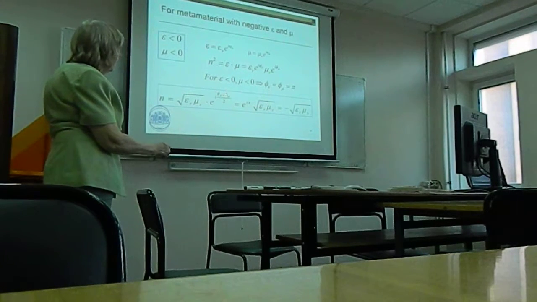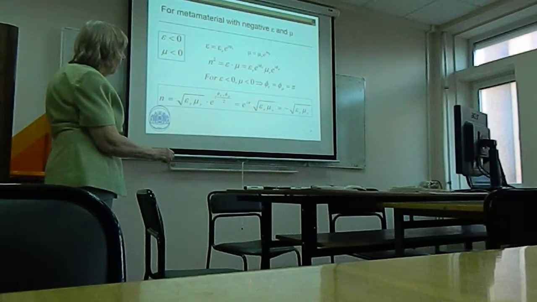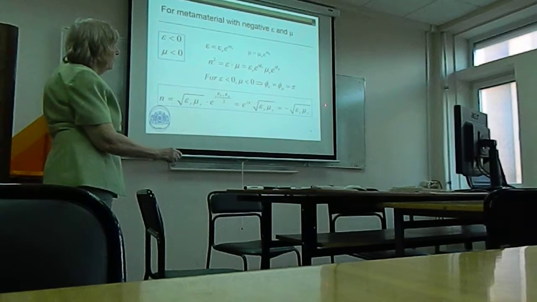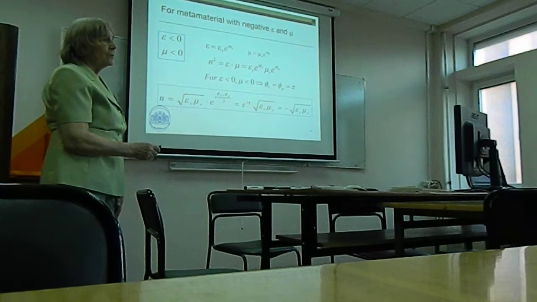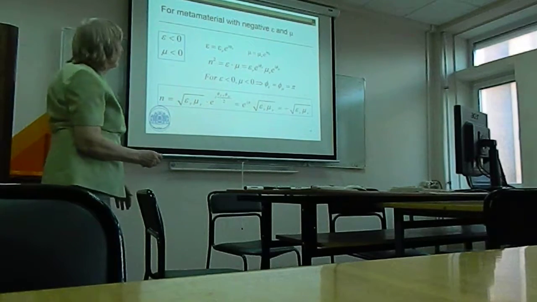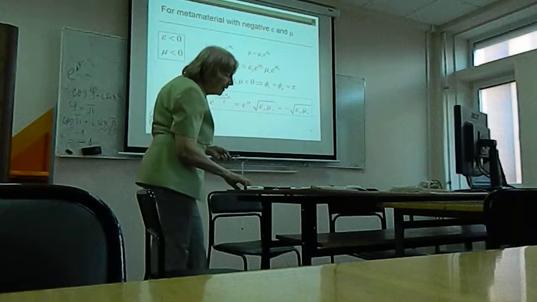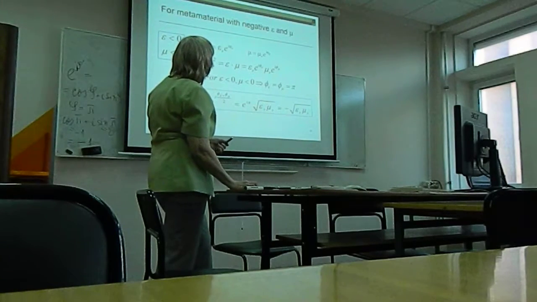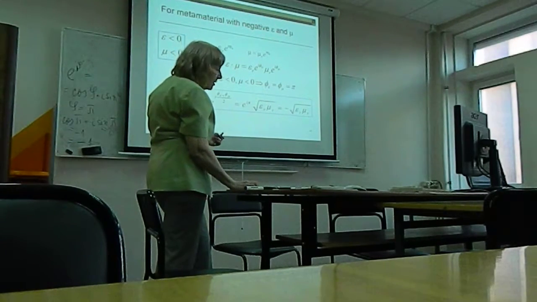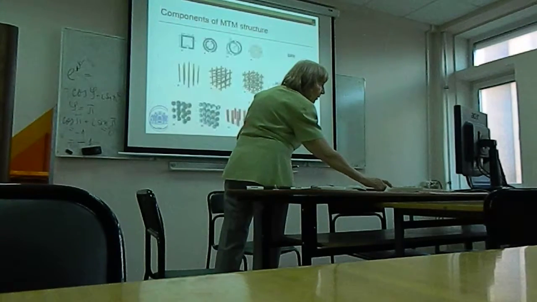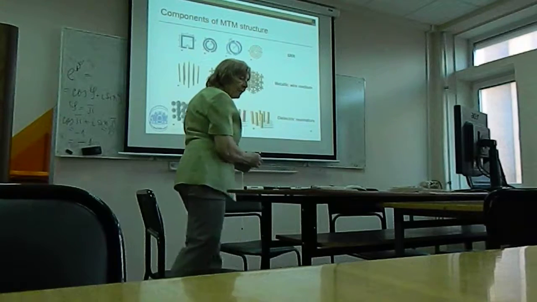This is pi and this is pi, so we have here the phase parameter which is equal to pi. This is -1, so this is a negative refractive index. And the refracted electromagnetic wave goes in such a way as I have already shown, which was obtained by Professor Smith.